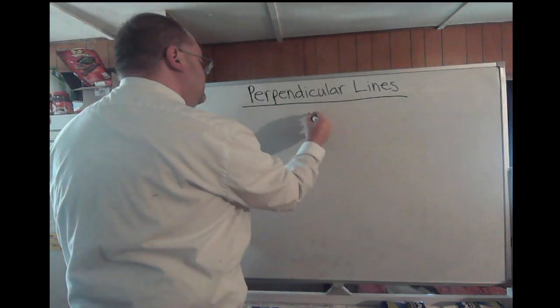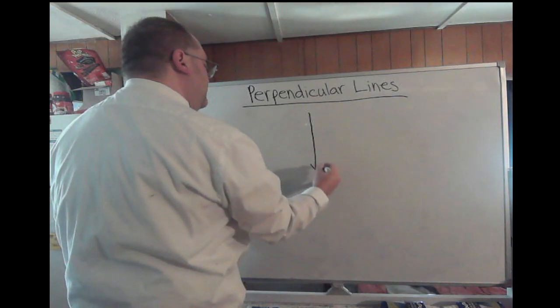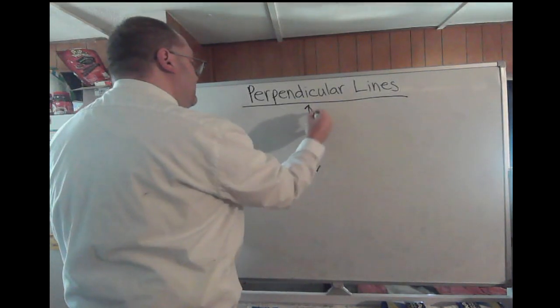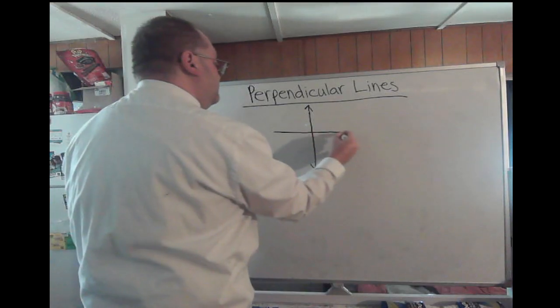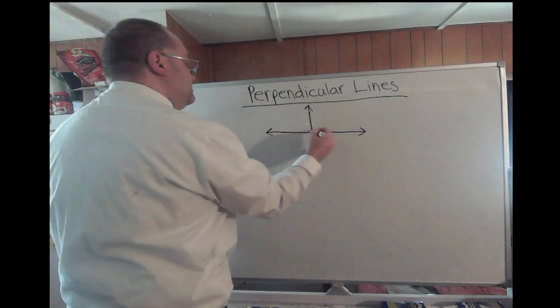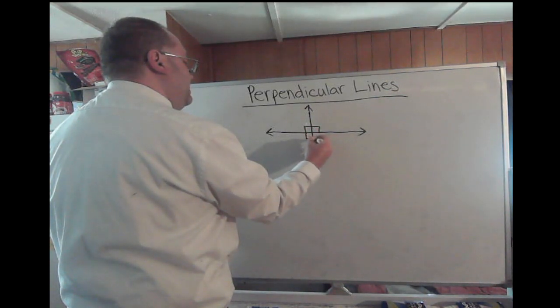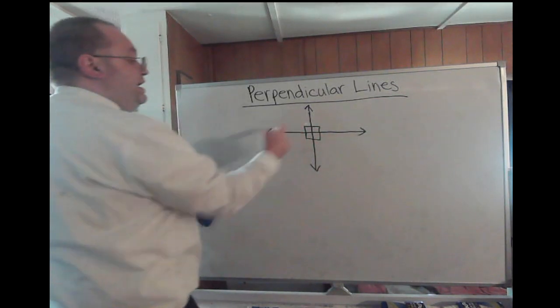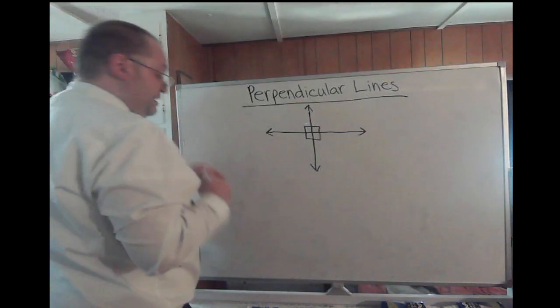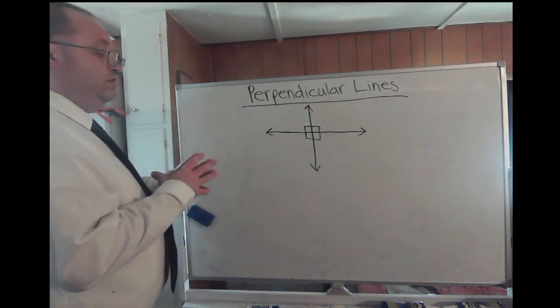Perpendicular lines are lines that intersect in such a way that they form right angles. That's the only time they could be perpendicular, is if they form right angles.